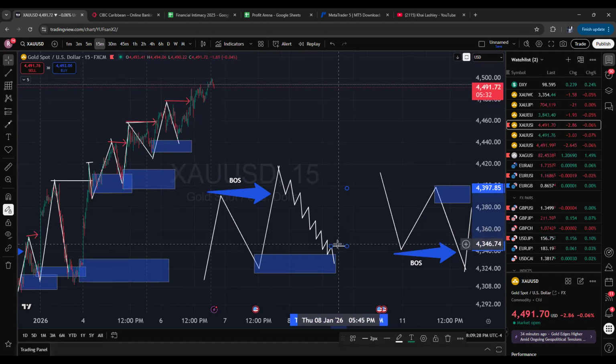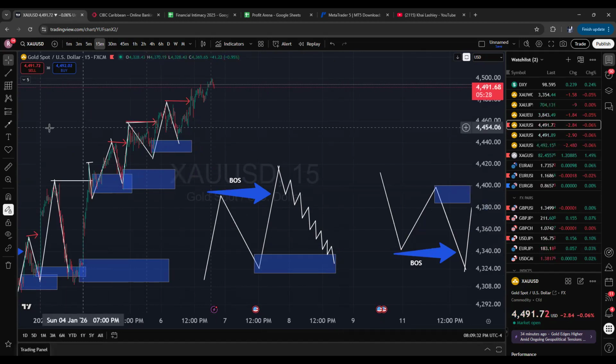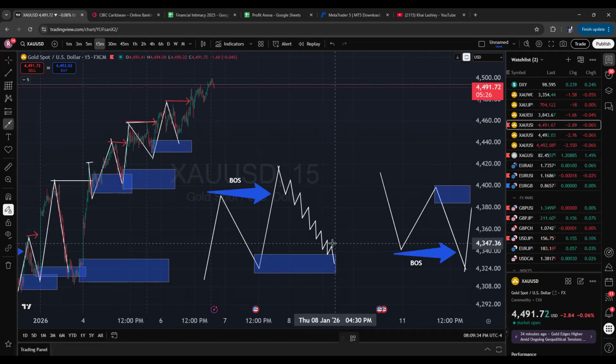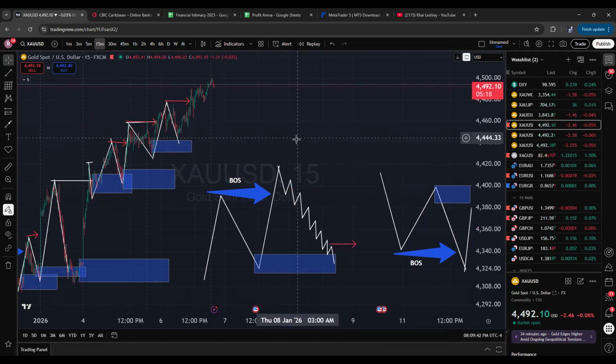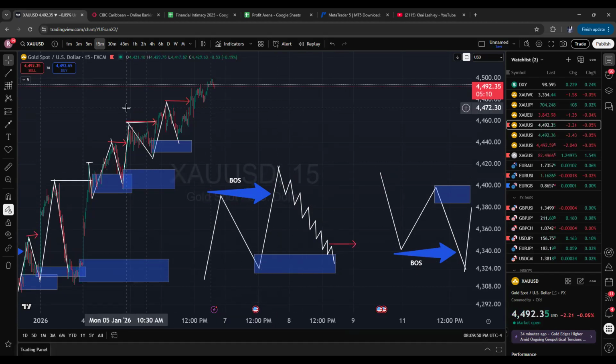You're looking for these previous highs to get broken, so you're looking for the market to come up and take this. Now you don't want to see it following this same structure anymore. You want to see the structure get disrupted. We've had lower lows, lower highs, lower lows, lower highs, and we want to see the market disrupt that.